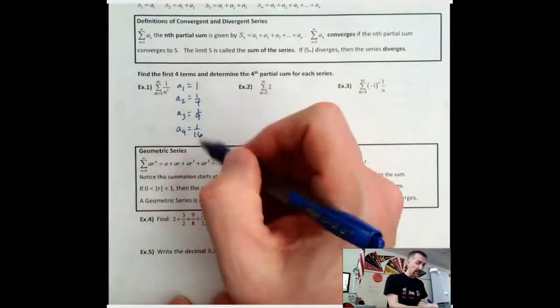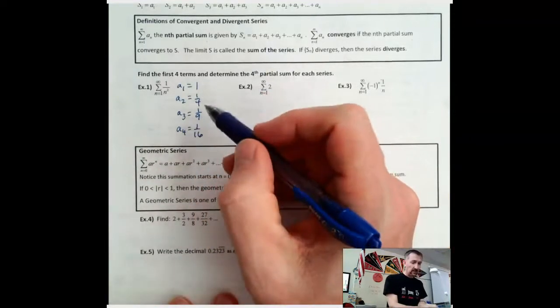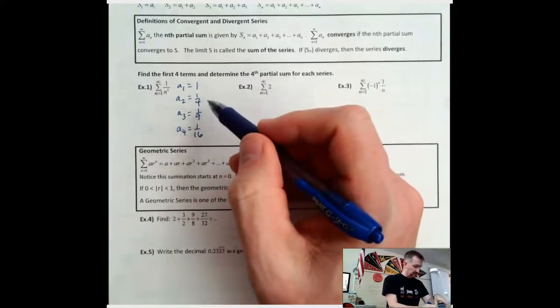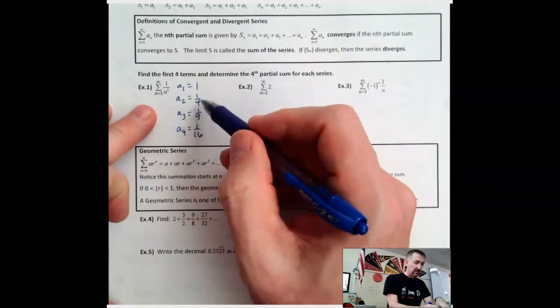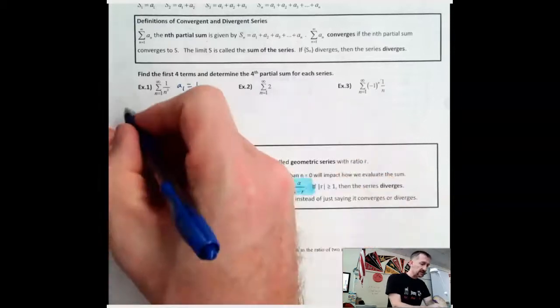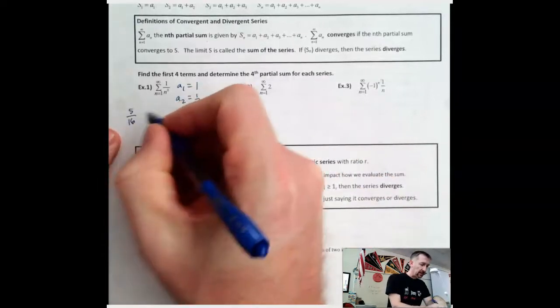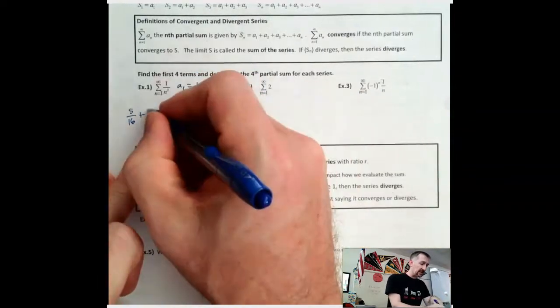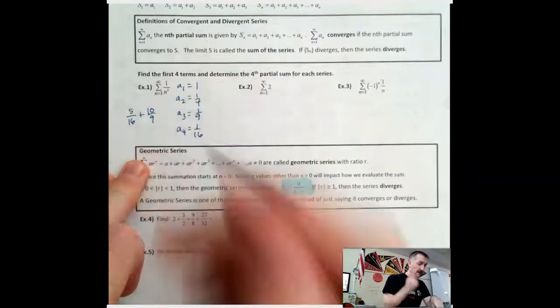So if we add those 4 up, probably what I would do is get a common denominator between these two. So that would be 4/4, so that's 5/16. And then if we do the ninths, that's 9/9, so that's 10/9, like that.